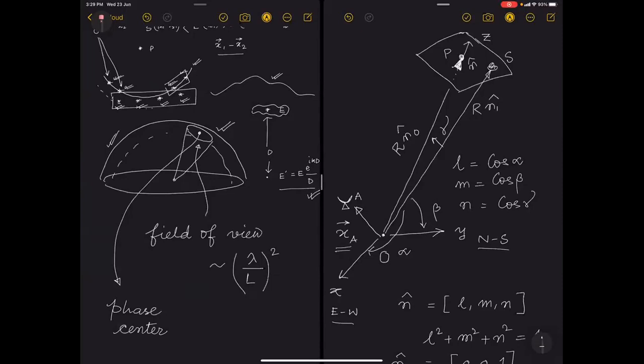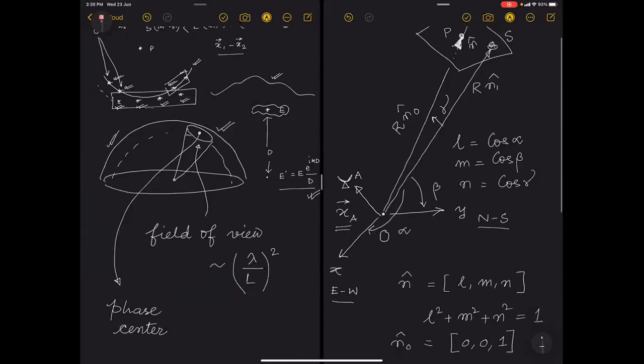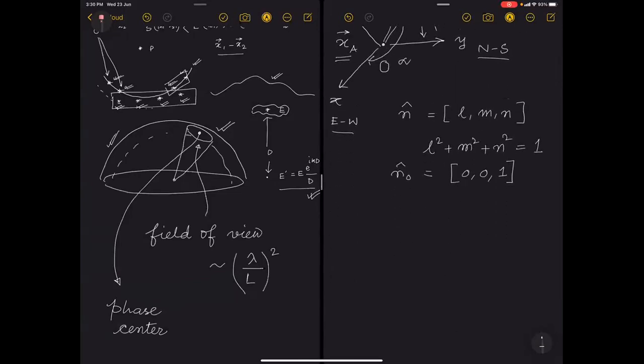Because if the source is along zenith, if I imagine this my Earth, say the source is here, the antenna looking up, this is my xa.